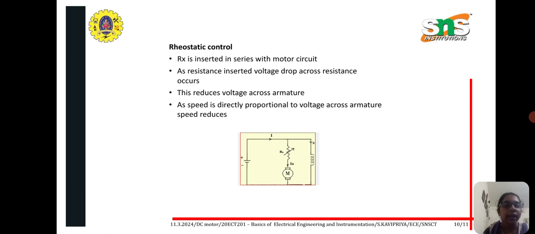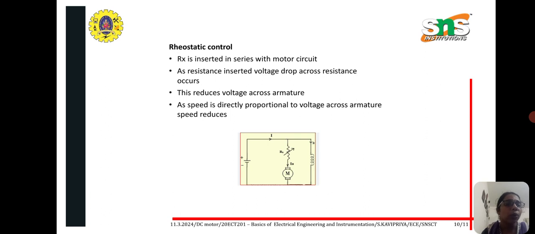Rx is connected in series with the motor, and we have the field winding and the supply. As the resistance is inserted, a voltage drop occurs across the resistance. This voltage drop reduces the voltage across the armature.